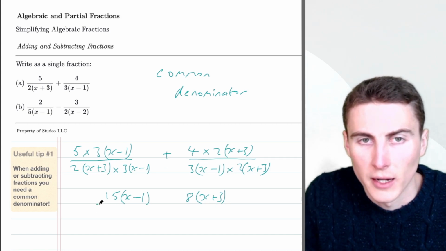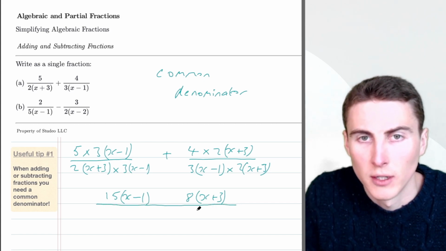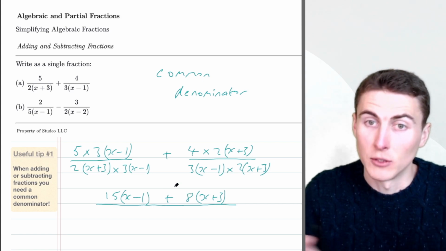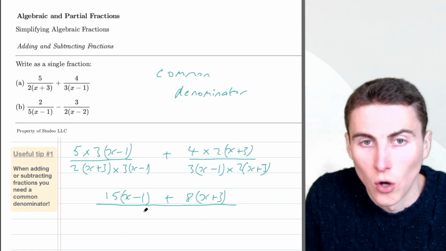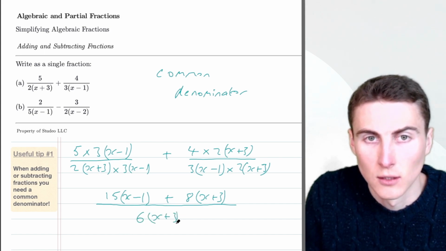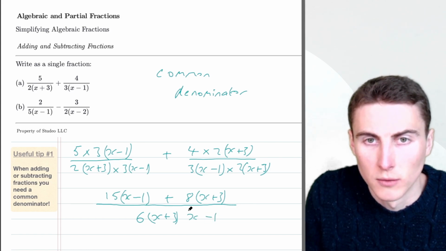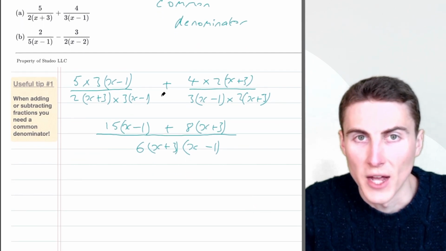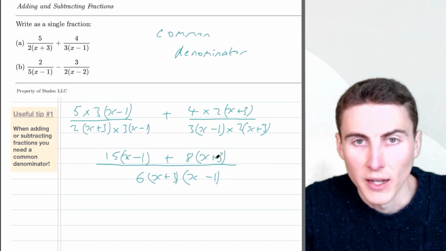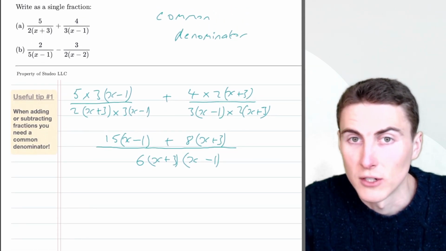So I may as well just combine them all now and put a plus in between these two. So I'm going to add my 2 fractions and then just have one shared common denominator of 6 sets of x plus 3, x minus 1. So that's it. I've now combined them, and that is now a single fraction.